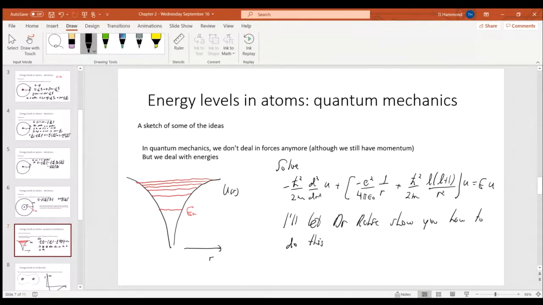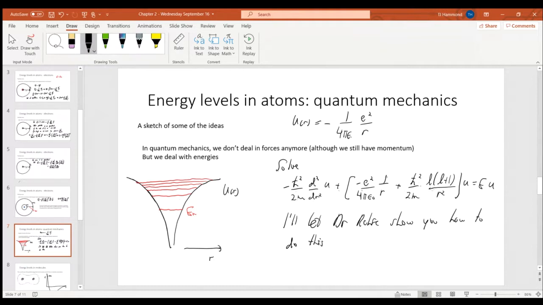Okay, so if we actually use quantum mechanics, what we get is this potential. So of course, the potential, just as we've shown before, is, well, I guess I can actually say what it is: negative 1 over 4 pi epsilon naught e squared over r. And so that's what I've drawn here.